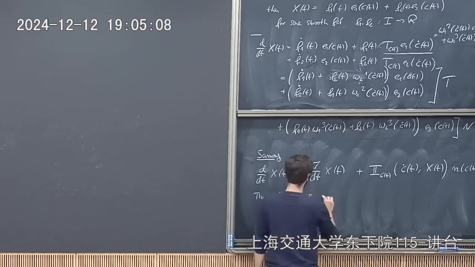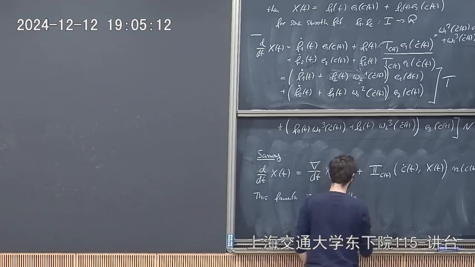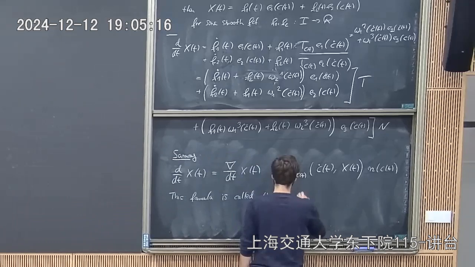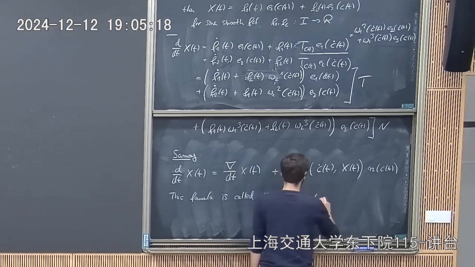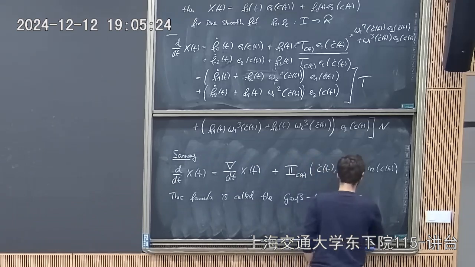And this formula is called the Gauss-Weingarten formula.